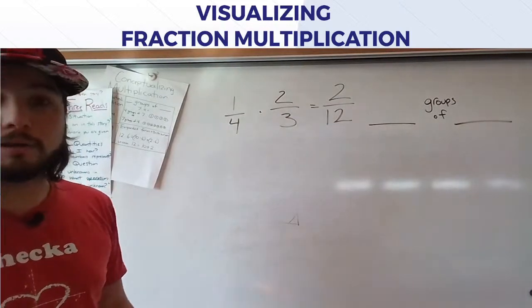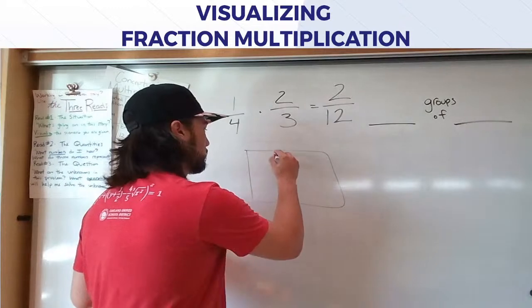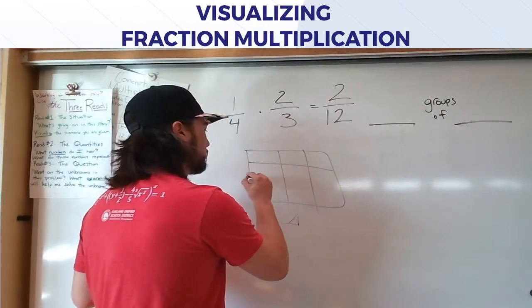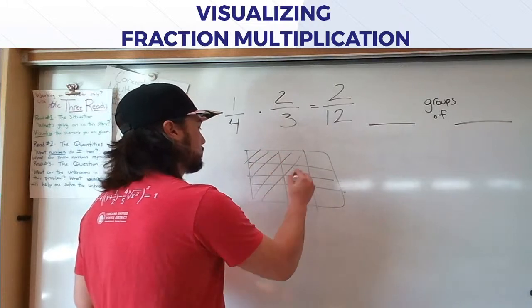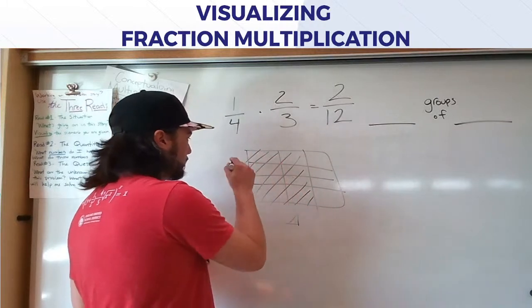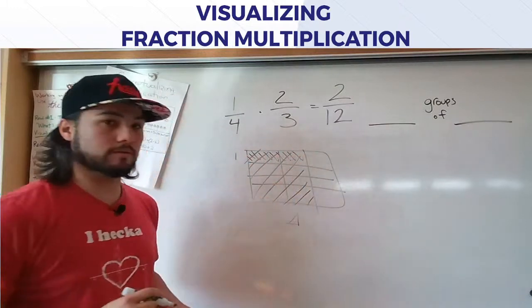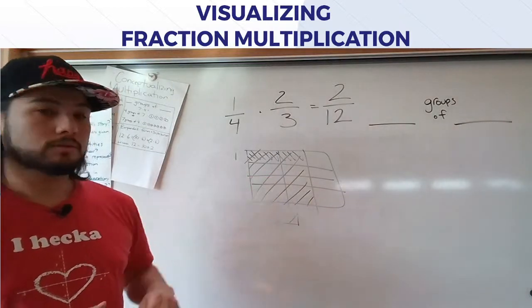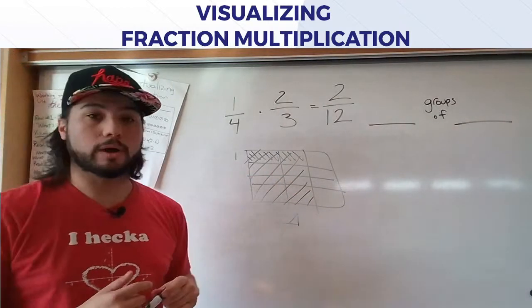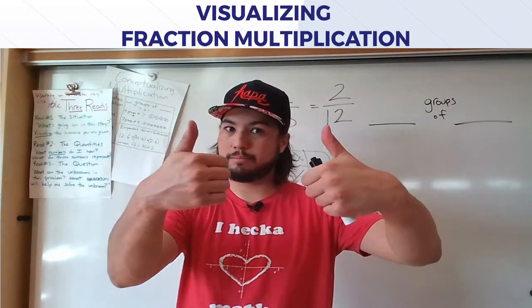Using 1/4 of those 2/3: we're just going to take 1/4 of those 2/3, which gives us 2/12.